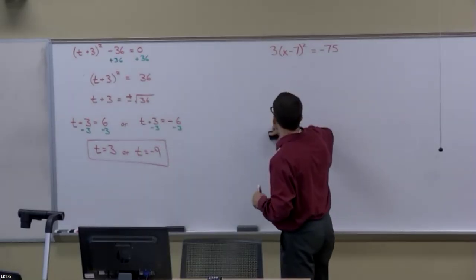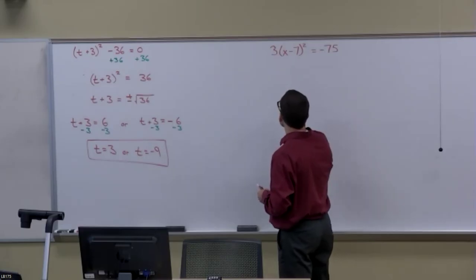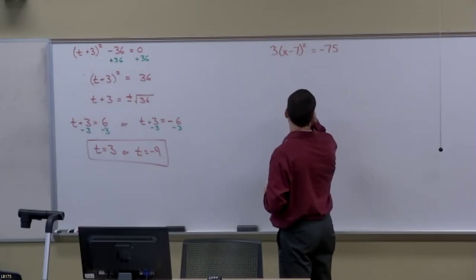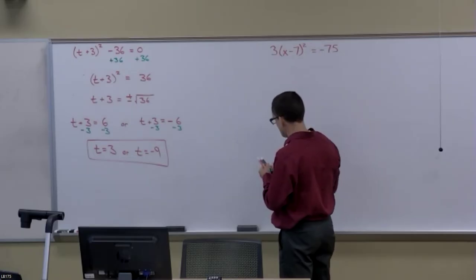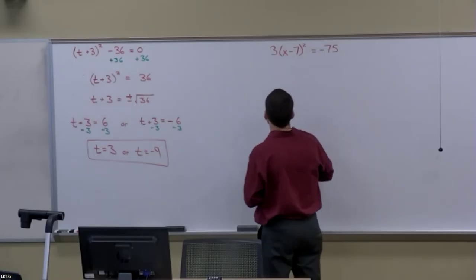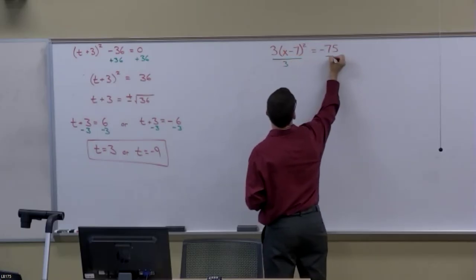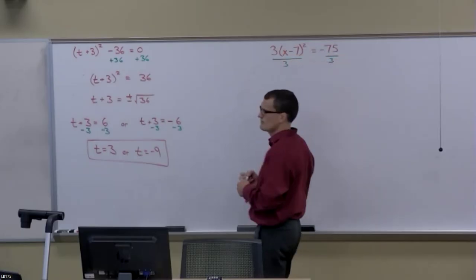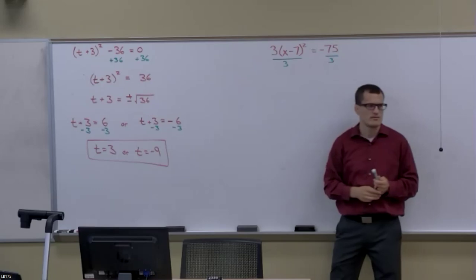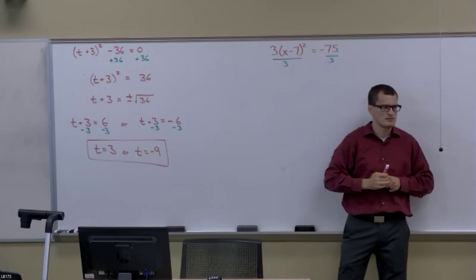Let's go to this next example. 3 times the quantity x minus 7 squared is equal to -75. So here I would want to divide by that coefficient of 3. Divide both sides by the coefficient of 3.